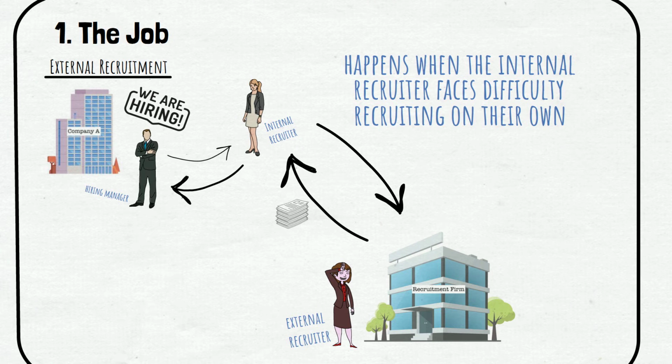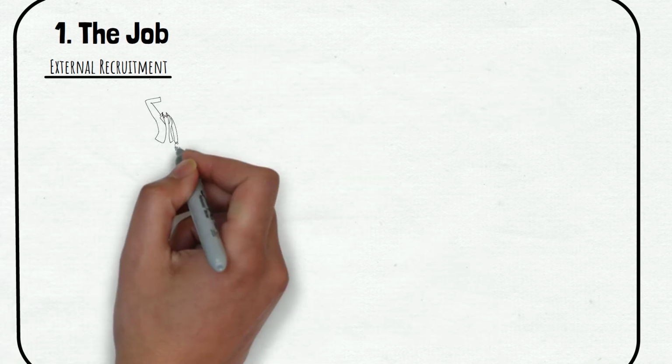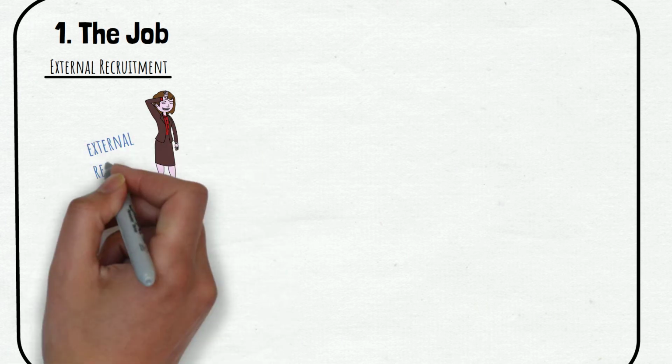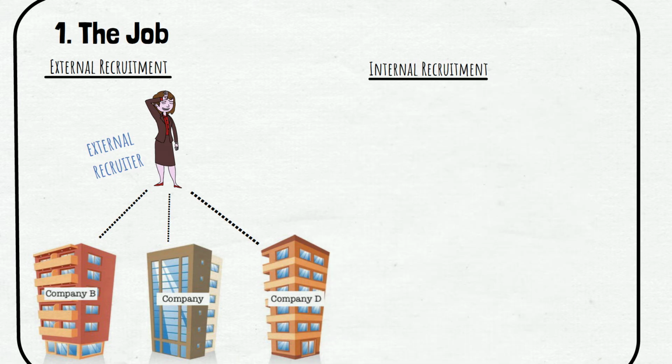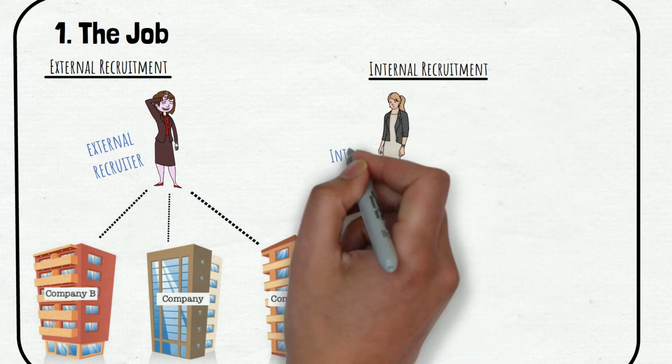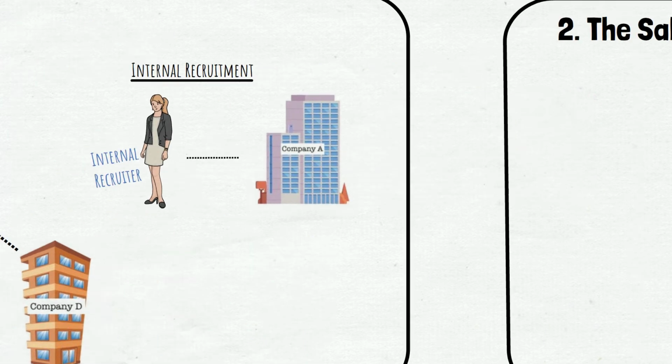In the event that the applicant given by the external recruiter is successfully hired, Company A will then have to pay a fee to the recruitment firm for their service. Hence, an external recruiter can work to hire for many different companies at one time, whereas an internal recruiter recruits solely only for the company he or she works for.